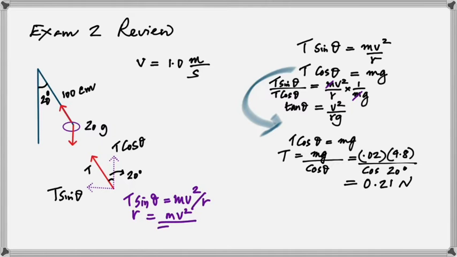I hope you understand how that works out. R is mv squared by T sine theta. Then we know the mass, 0.02, the velocity is given as 1.0, squared, divided by the tension, which we just found, times sine of 20 degrees.